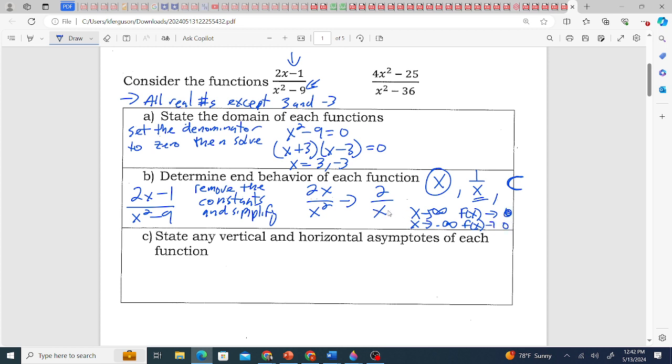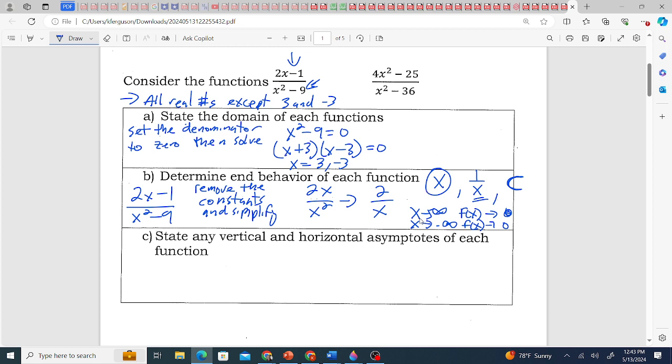Because it doesn't matter whether it's positive or negative. As you got a denominator that keeps getting bigger and bigger while your numerator doesn't move, it's getting smaller and smaller. And it doesn't matter that it's a 2 instead of a 1, because that 2 is inconsequential. So as your numbers get bigger, your stuff is getting closer to 0.